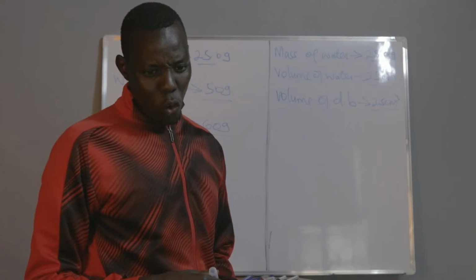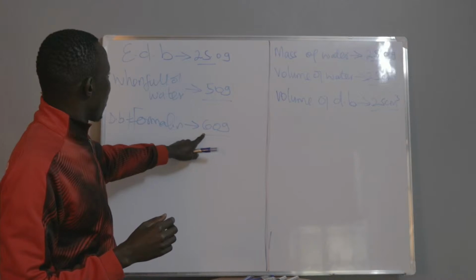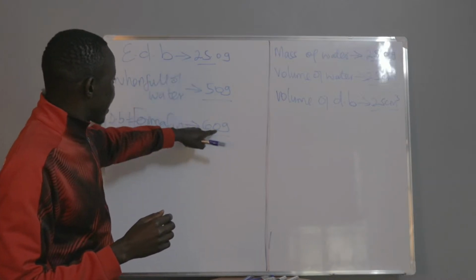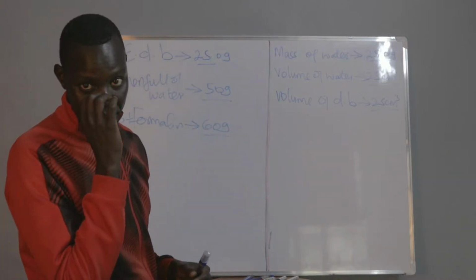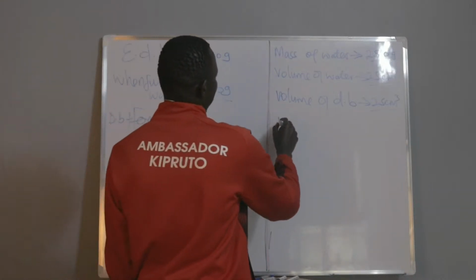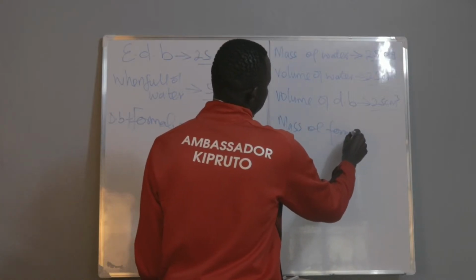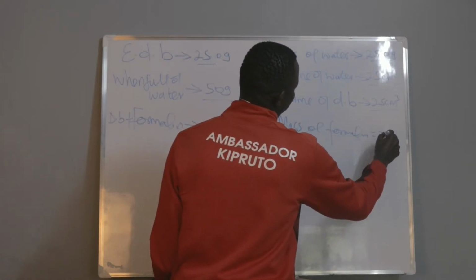So I get the mass of formalin. The total plus formalin is 60, the bottle total is 25. So 60 minus 25 is 5. So the mass of formalin is 5 grams.